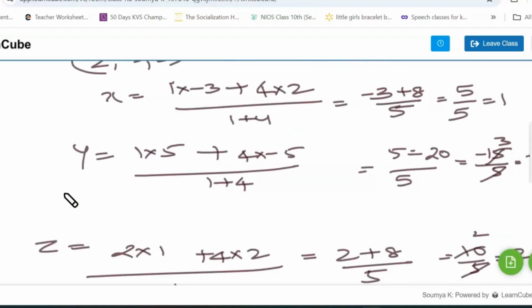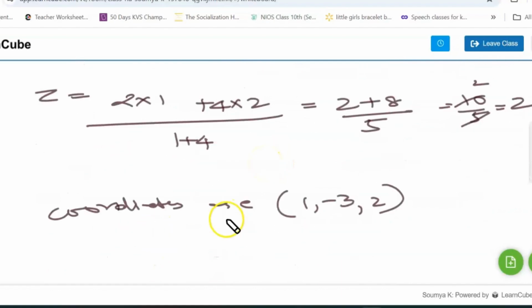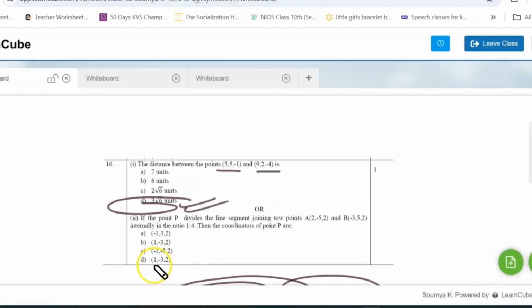So we have used the same section formula to find the coordinates of x, y and z. You can just refer here to see the solution, and the coordinates are x, y and z, so I have written here 1, minus 3 and 2. So let's check the option which is matching 1, minus 3 and 2.